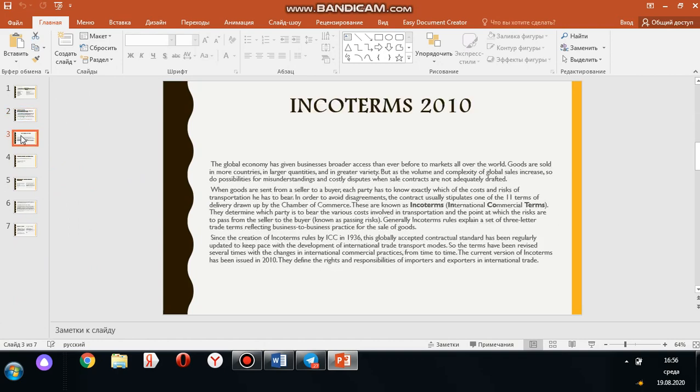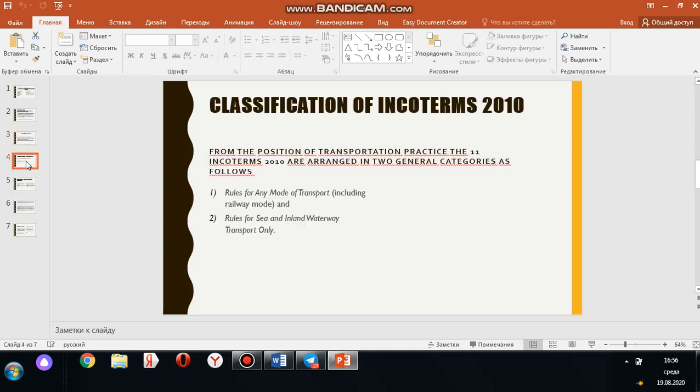So the next, Incoterms 2010. Incoterms are divided into two types, Incoterms 2020 and Incoterms 2010. And here is a classification of Incoterms.